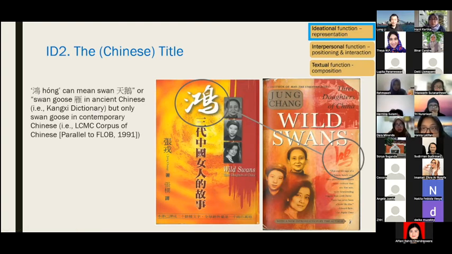But in the contemporary sense, the most typical interpretation is swan goose. So when the author translated the character from Hong into wild swans in the first place, this is a rather unexpected translation choice by the author.